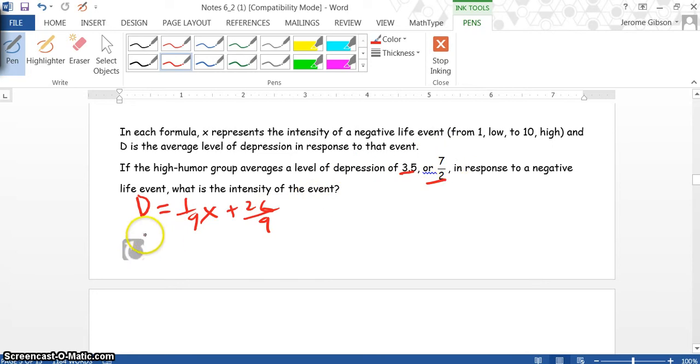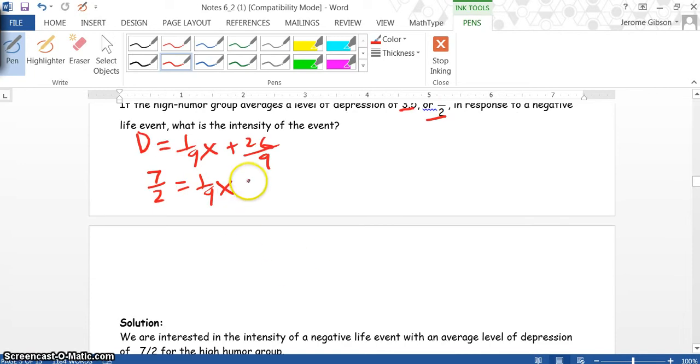So let's substitute in 7/2 for D. And that'll equal 1/9 x plus 26 over 9. Now, what we need to do is what we did in the last problem. We want to find a common denominator of 2 and 9, which is 18. So we can multiply everything by 18 over 1.